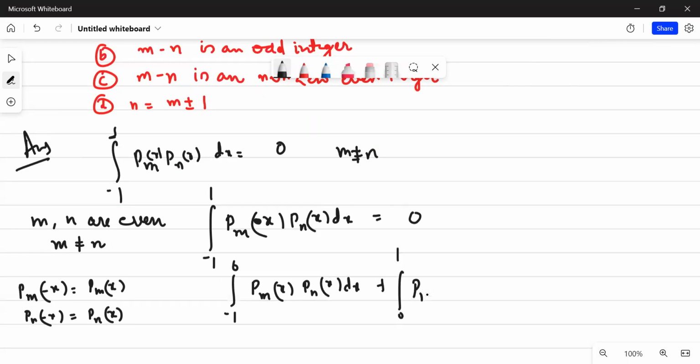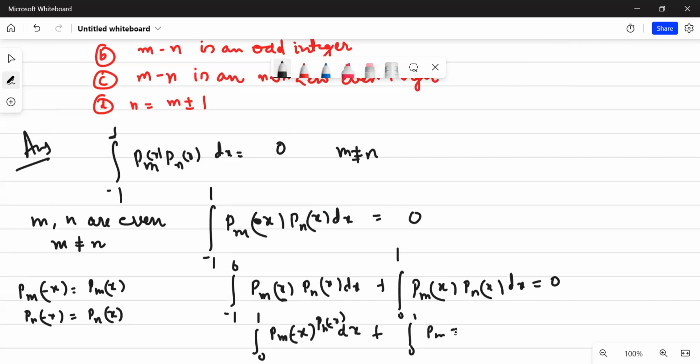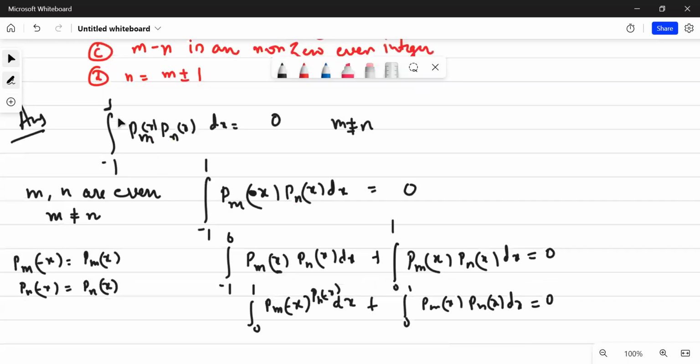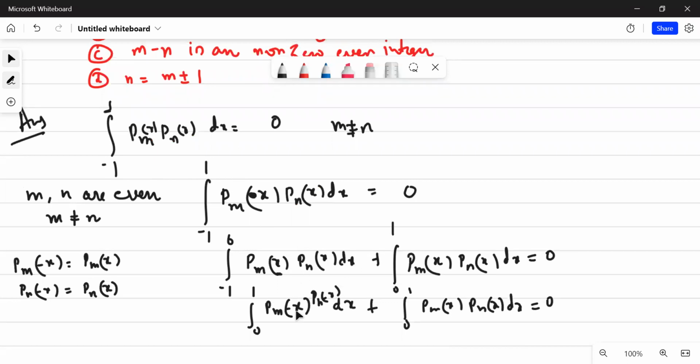This is what I am doing. In exams, students don't usually do this, but in exams they will do it the way I suggested to you. Now, instead of x, replace with -x. So this will be -dx. The limits 1 to 0 become 0 to 1, and this will be Pm(-x) and Pn(-x), and then this will be the integral from 0 to 1 of Pm(x) Pn(x) dx. Is that clear to you? Did you understand this? I have not used any property here, I just made the limits -1 to 1, and we have come up to here. Is that clear or not? Just replace x with -x, or x with -t, giving -dt. Here 1 will come, here 0 will come, take one negative sign ahead, and it becomes 0 to 1. Done.